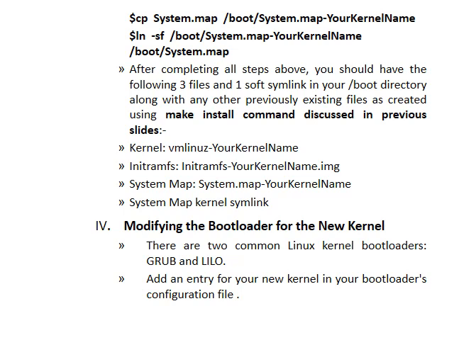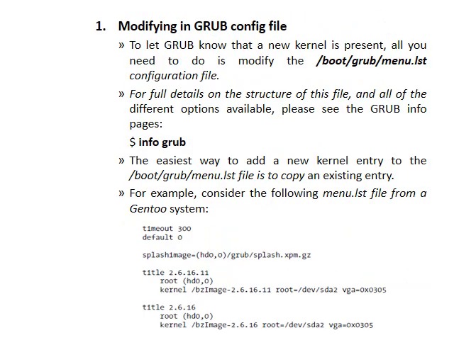And the following are the things which you have to create on your own in the manual installation, as we have seen in the previous slide. The modification of the bootloader, that is the Grand Unified Bootloader and the Linux Loader, is the next step we have to consider for the kernel installation. Modification of the grub file can be considered with the following steps.